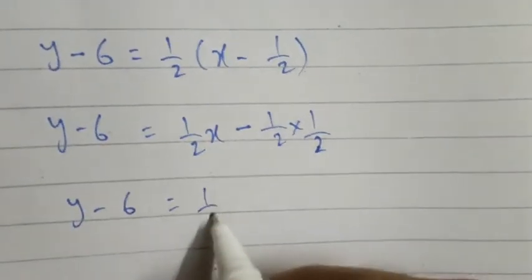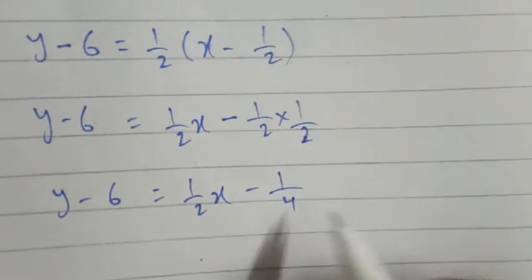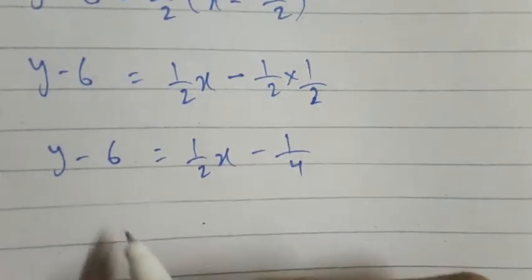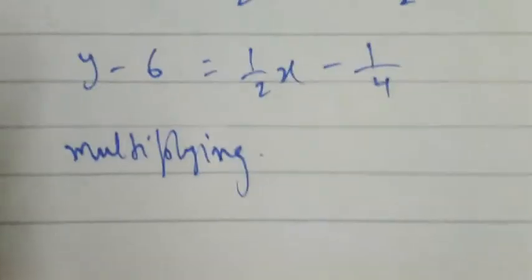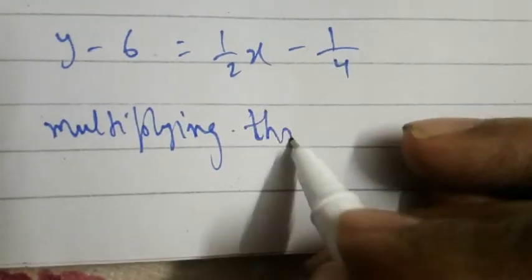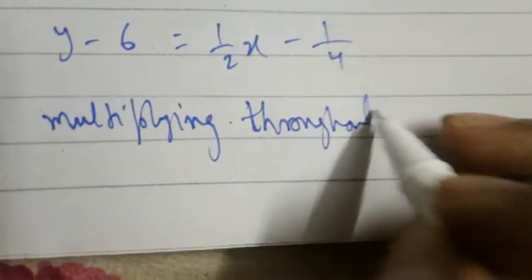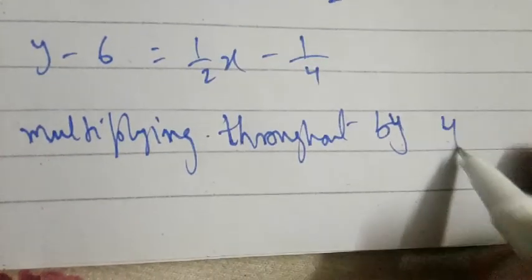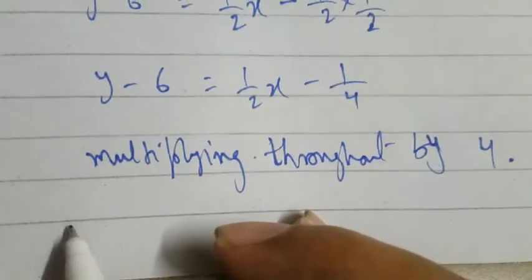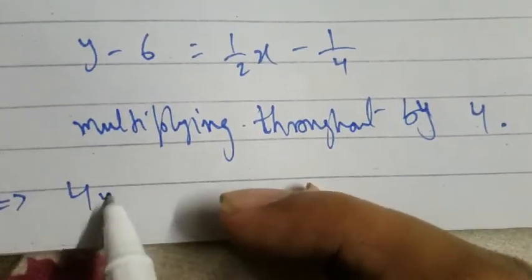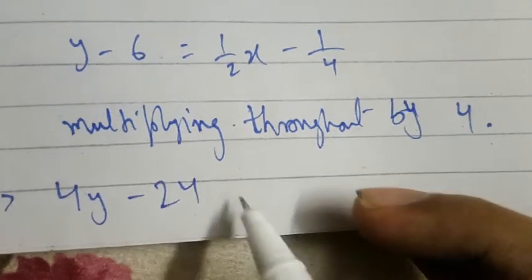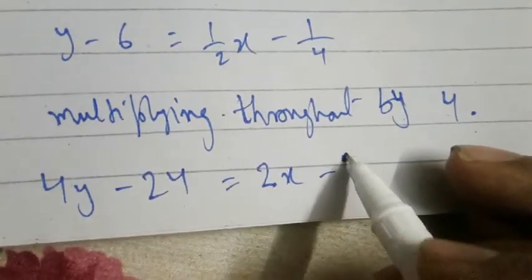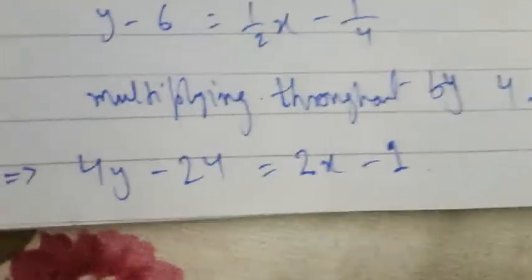y minus 6 is equal to 1 over 2 x minus 1 over 4. Now we have to make the denominator 1, so we multiply throughout by the LCM of 2 and 4, that is 4. Multiplying by 4, we get 4y minus 24 equals 2x minus 1.